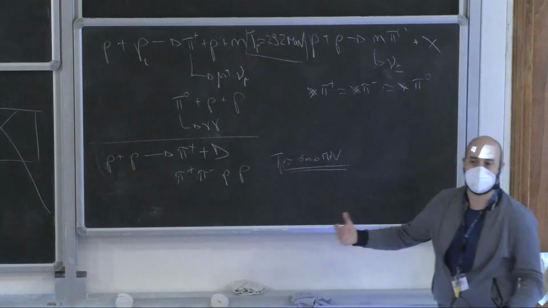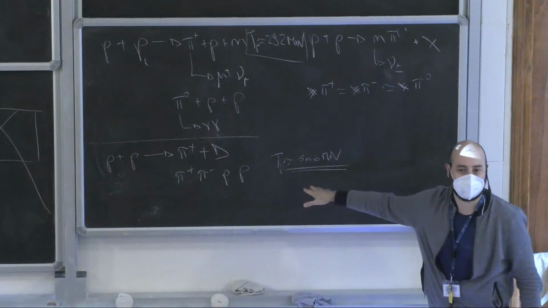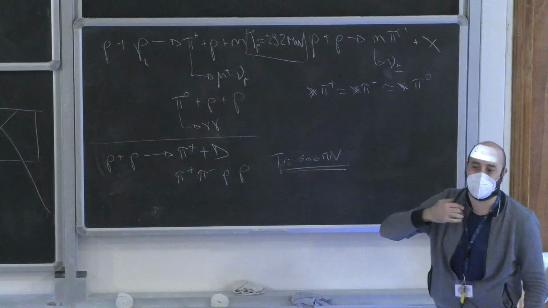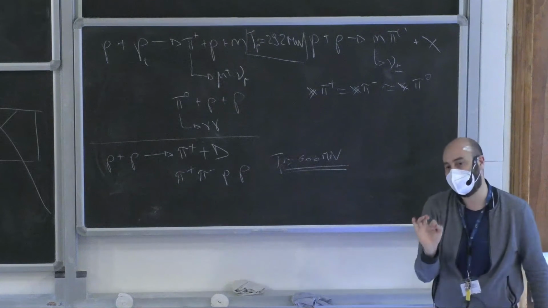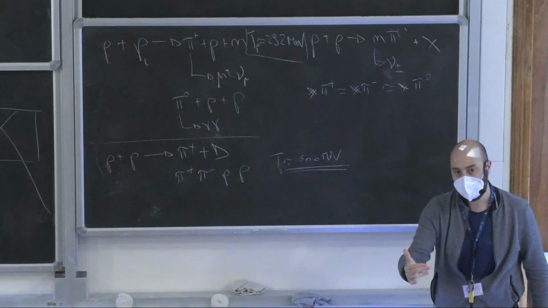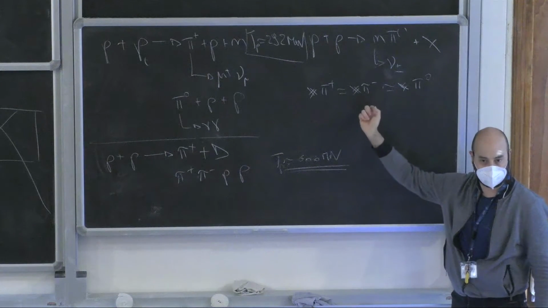Now, in very high energy cosmic ray sources, these are very low energies, right? So typically you are always above the threshold. But this illustrates the fact that if you have some processes close to threshold, then you cannot really assume this type of isospin symmetry.